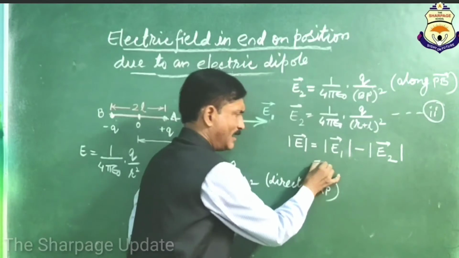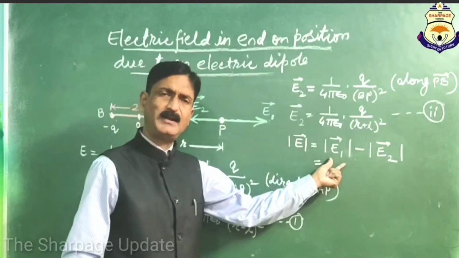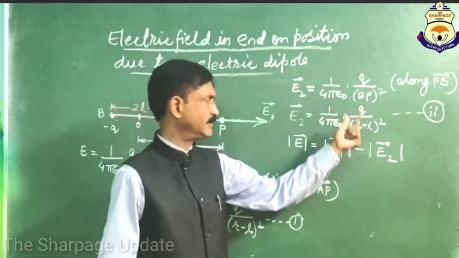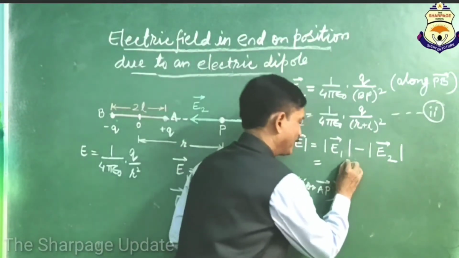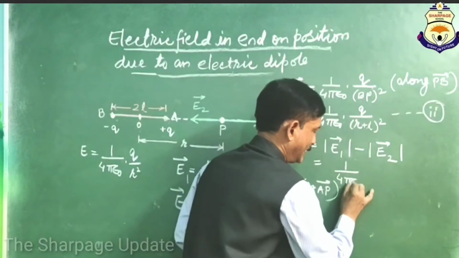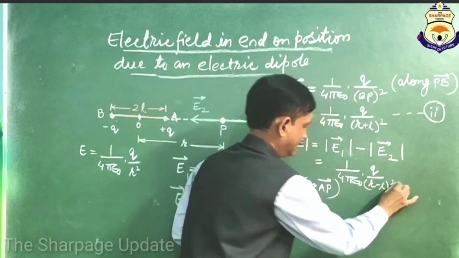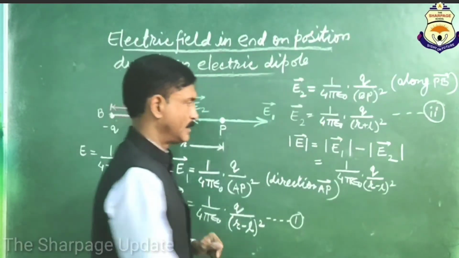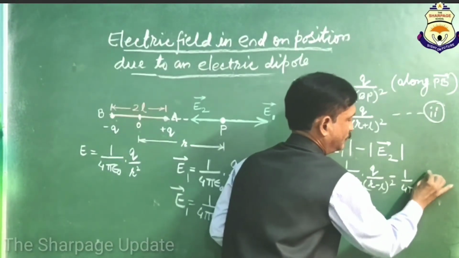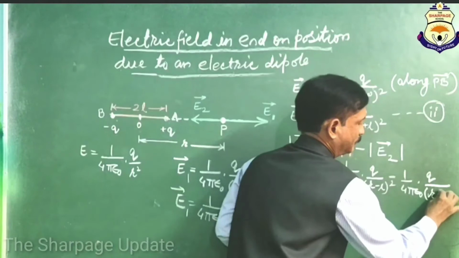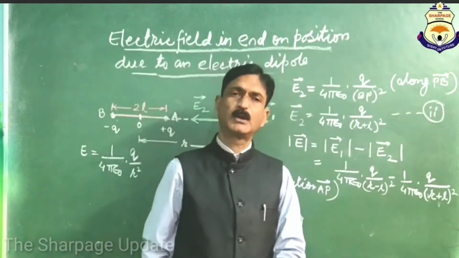Here, by the first equation, we can substitute the magnitude of electric field intensity E1, and by the second equation, we can substitute the magnitude of electric field intensity E2. So here, 1 upon 4 pi epsilon 0 into Q upon (r minus L) whole square with the help of first equation, minus 1 upon 4 pi epsilon 0 into Q upon (r plus L) whole square with the help of equation number 2.